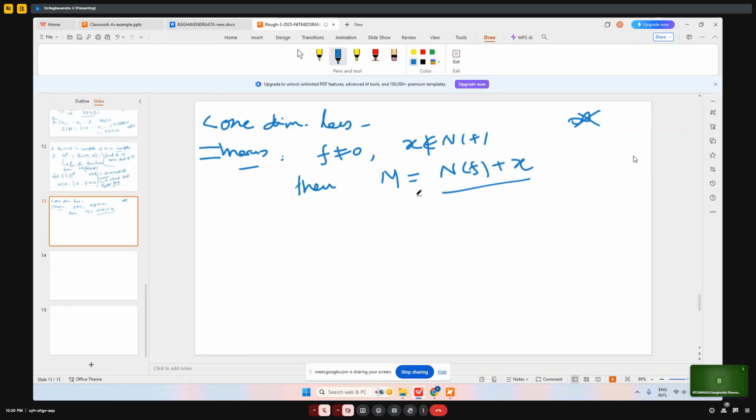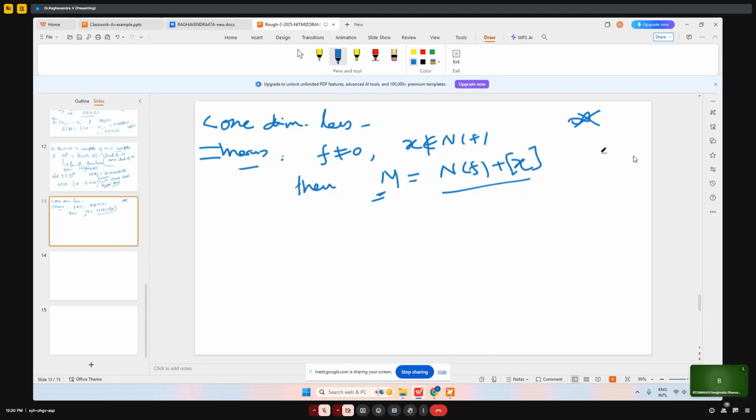If you don't like this, you may write this as a subspace generated by x. So if you add one point outside to the null space of f, then you get the whole space.